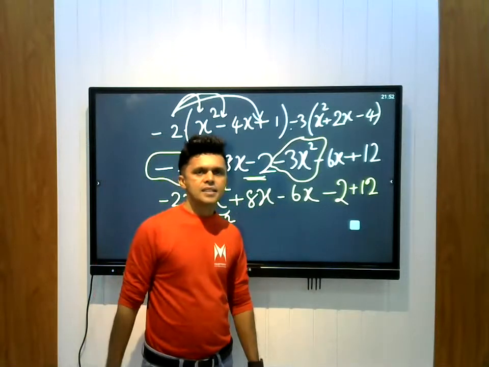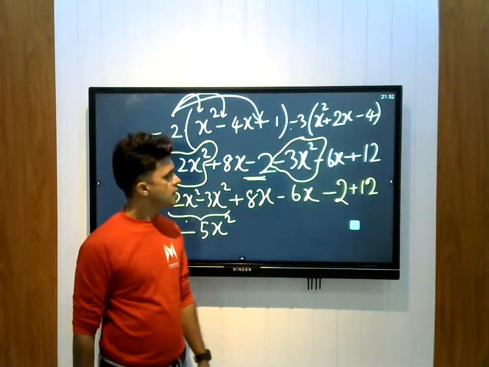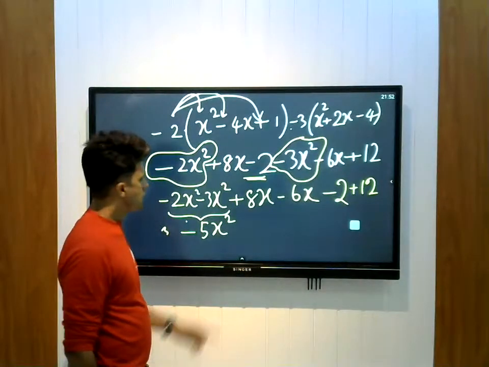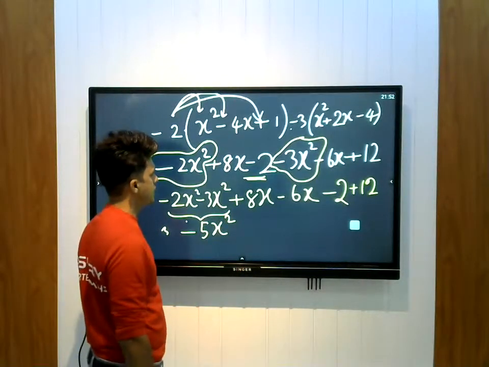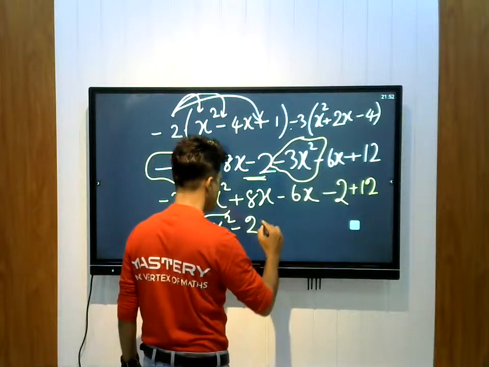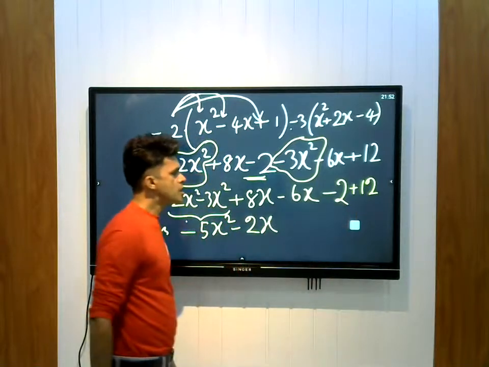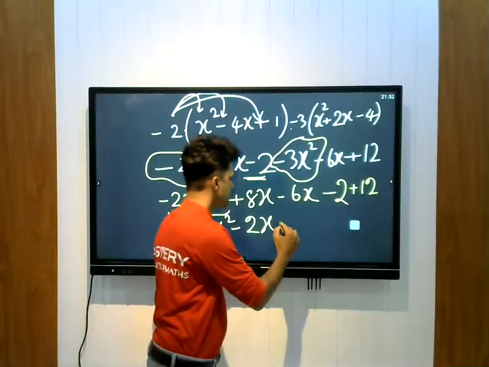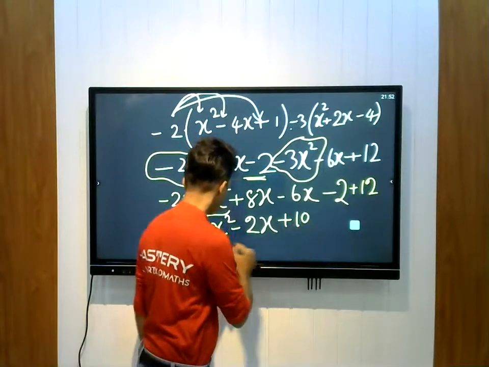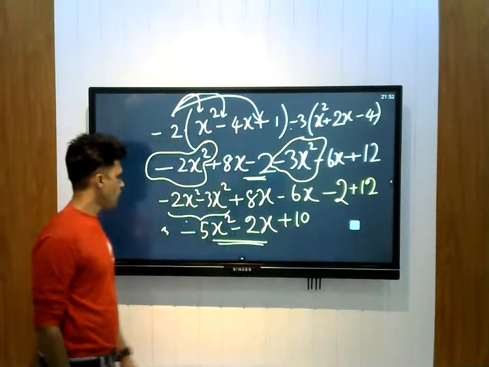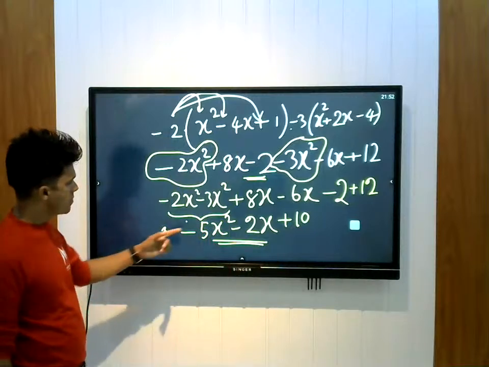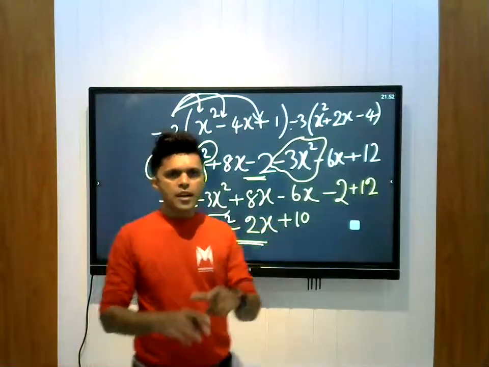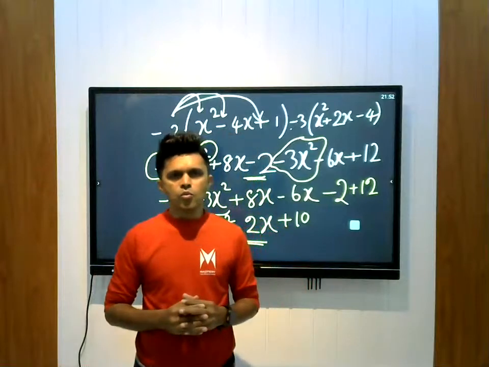Plus 8x minus 6x is plus 2x. After that, minus 2 and plus 12 is plus 10. Is it possible to add these terms more? I mean, minus 5x squared, 2x and plus 10. You are unable to add these terms more.